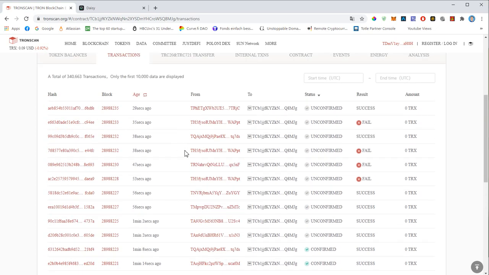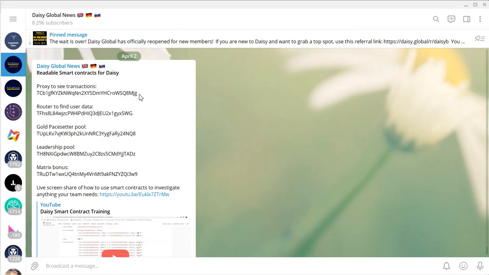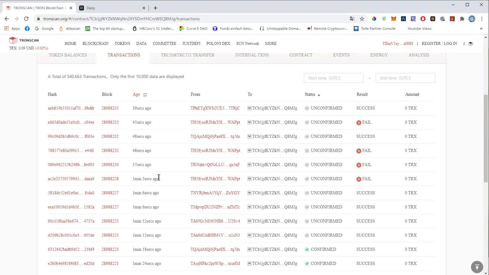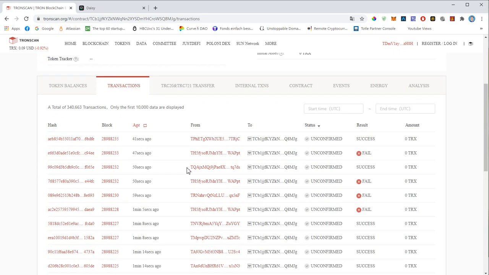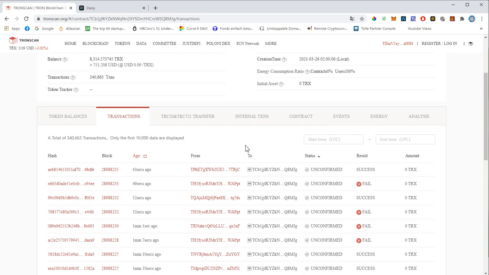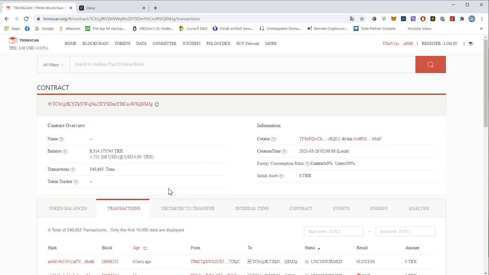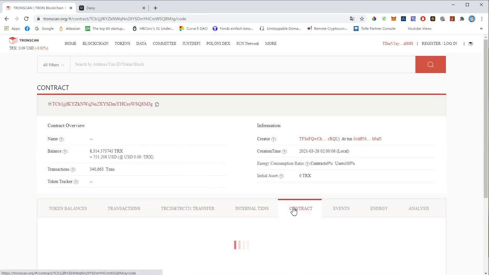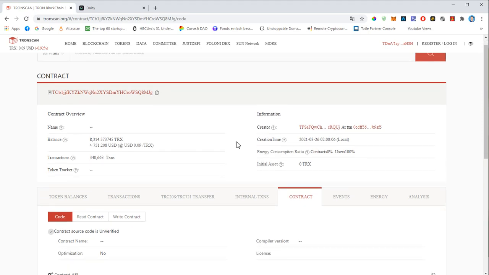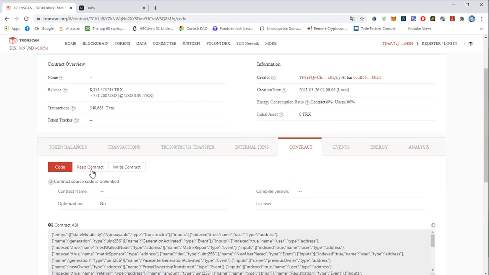Okay, let me go back to the list. So we are now in this smart contract right here. This is basically the proxy to see all transactions, and we will have a look at how to read this contract. To do so, you go to contract, and you go to read contract.